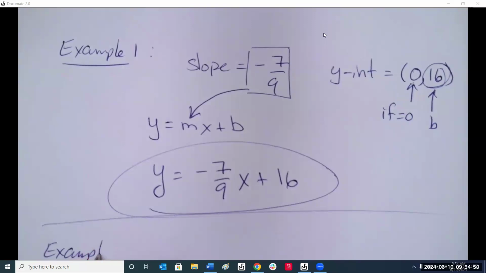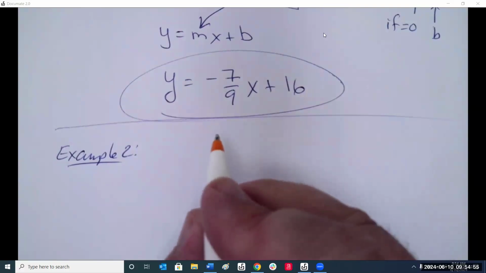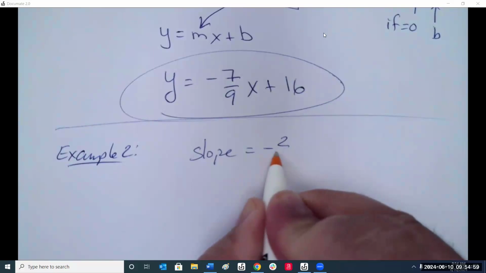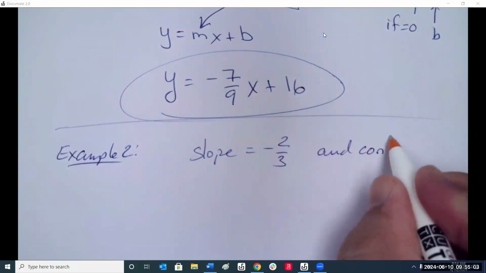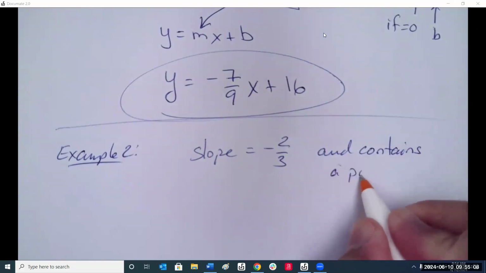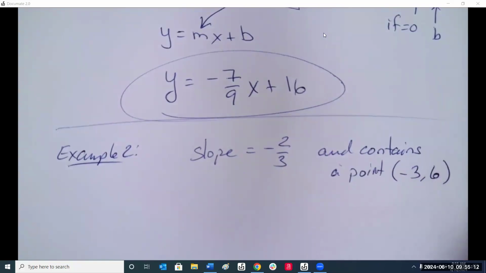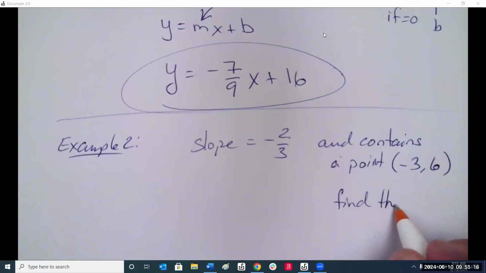Unlike example 2, which says our slope is negative 2/3 and contains a point negative 3, 6. Find the equation of the line.